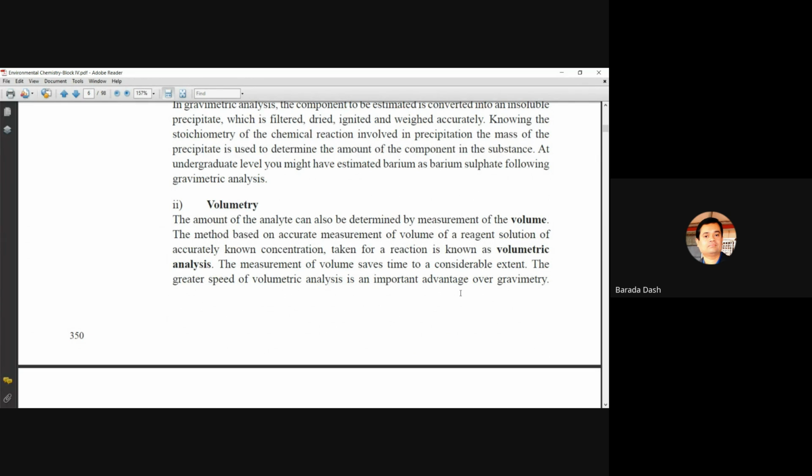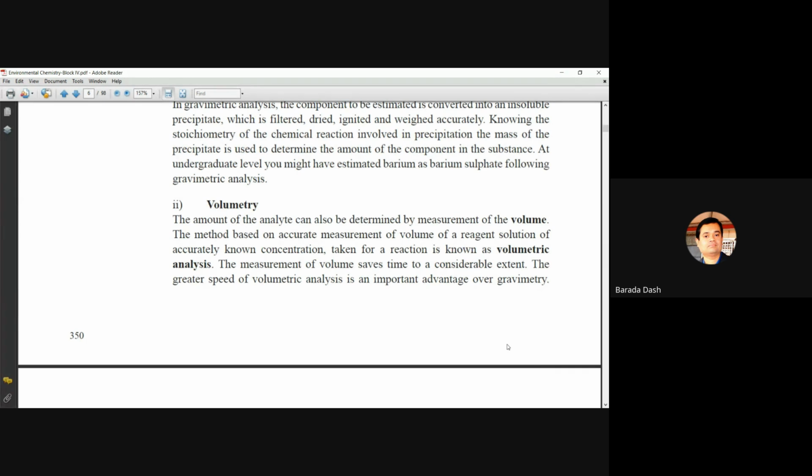Volumetry: the amount of analyte can be determined by measurement of volume. In this method, a volume of a reagent solution of accurately known concentration is taken for a reaction, known as volumetric analysis.